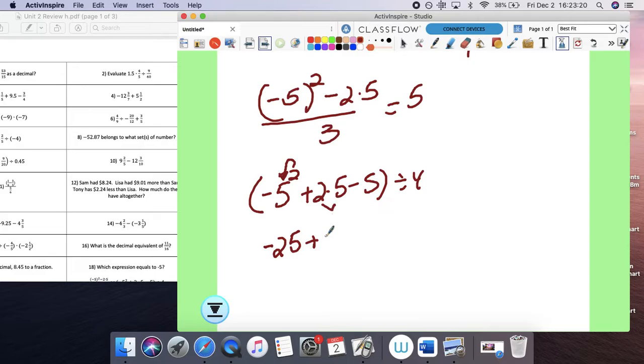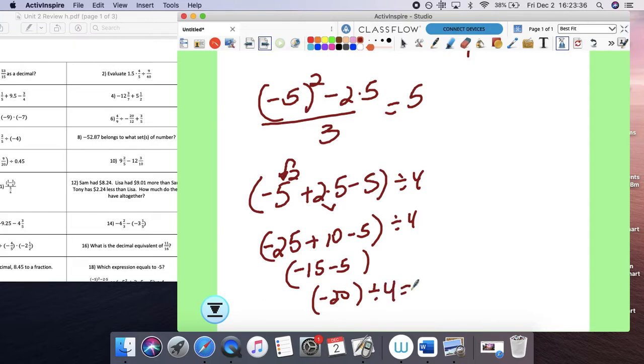Plus 2 times 5 is 10, minus 5, I'll do it in steps. Negative 25 plus 10 is negative 15. Then we do minus 5. Negative 15 minus 5 is negative 20. We divide by 4, we get negative 5. So it's definitely this expression that equals negative 5.